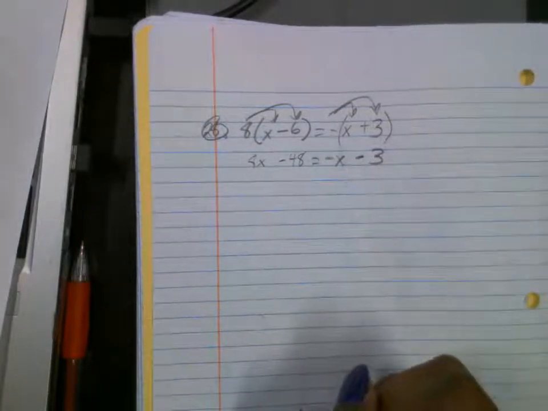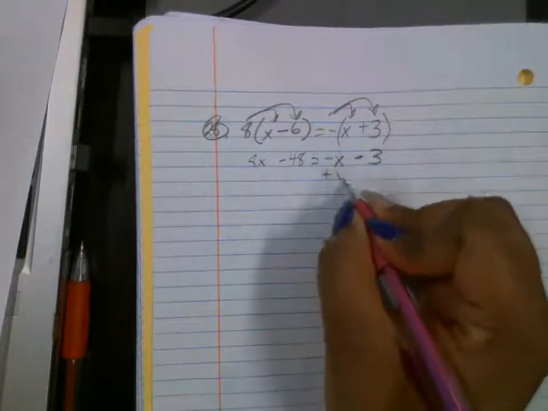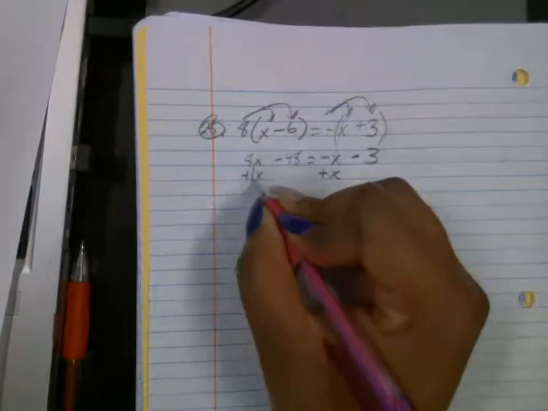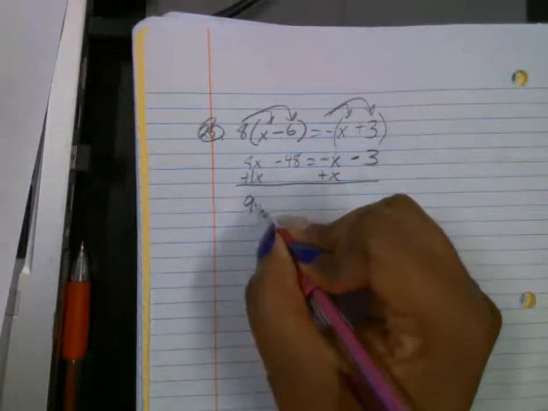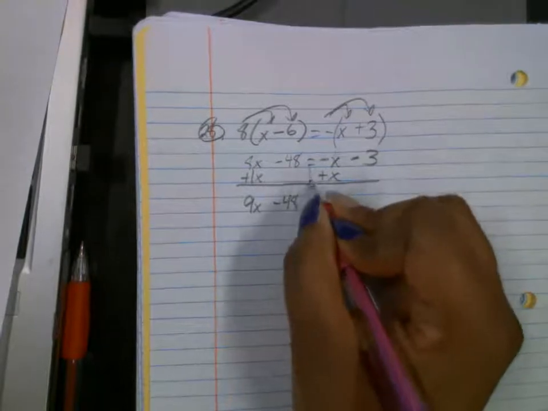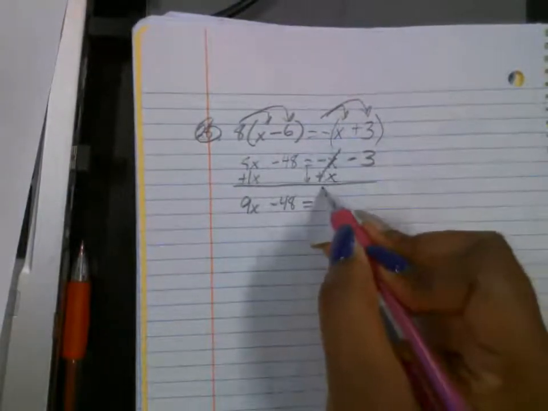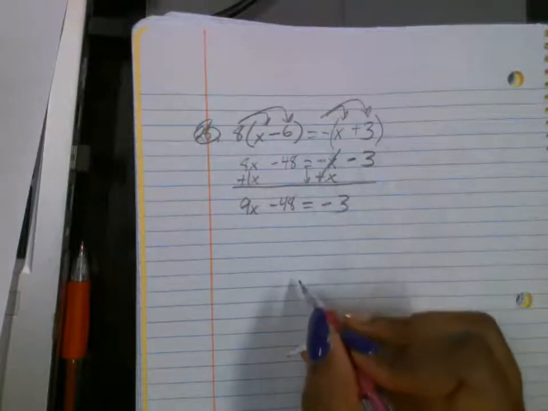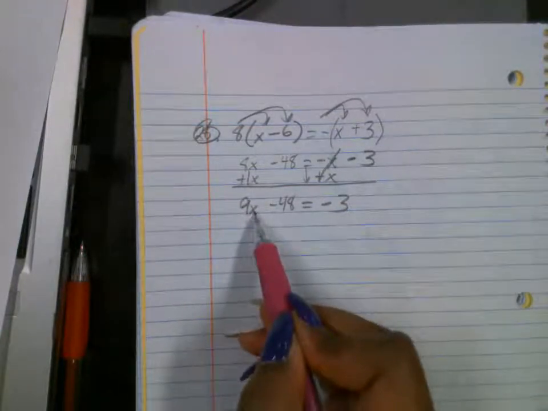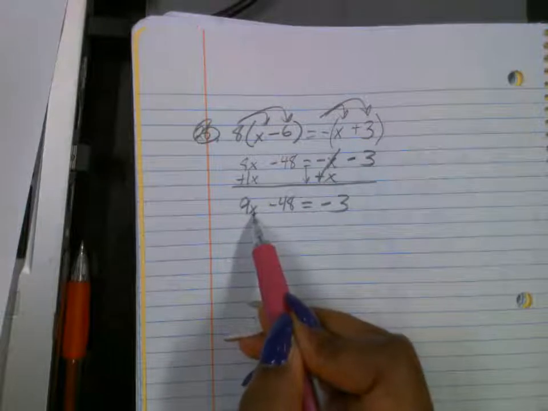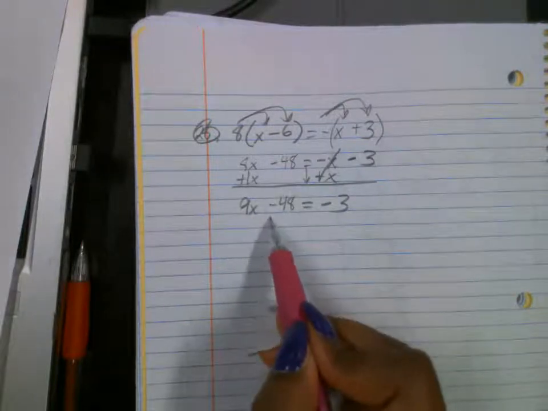Now we're going to move the variables to the same side. So I'm going to add x to both sides. This is 1x actually. So that's going to give me 9x minus 48. Bring down the equal. This is gone because this is 0, and we're left with negative 3. We're isolating x. Remember, in order to isolate x, to get x by itself, we got to move this first.